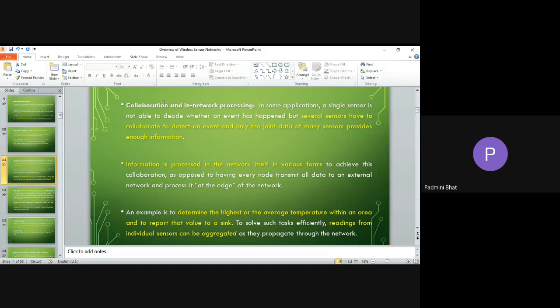Let me give an example: weather forecasting. You may have sensors at different places, different sensors. One may be to find the depression, or one may be to find the speed of the wind, one may be to find the amount of rainfall.